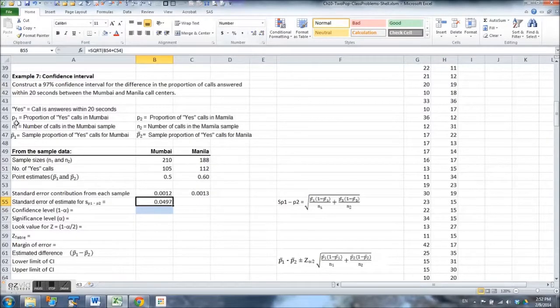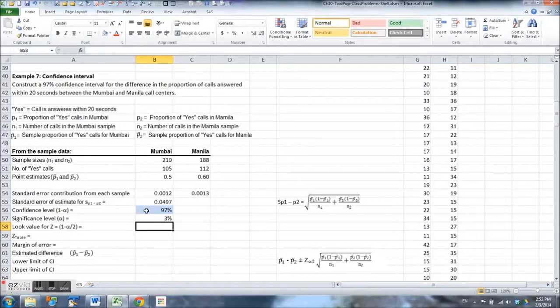Now we want a 97% confidence interval, and that is 1 minus alpha. So alpha is 1 minus that. The z table value is given by the norm.s.inv function, and that function requires the cumulative probability for the top tail.